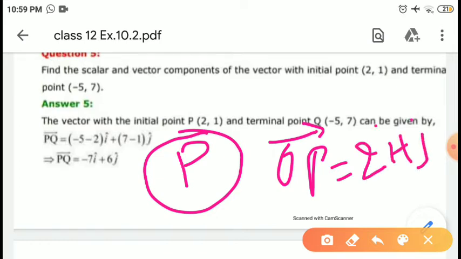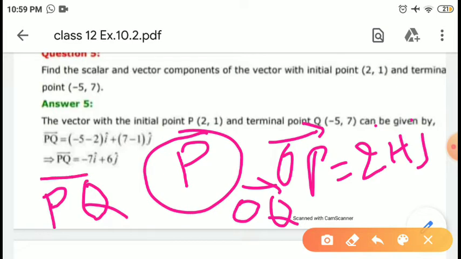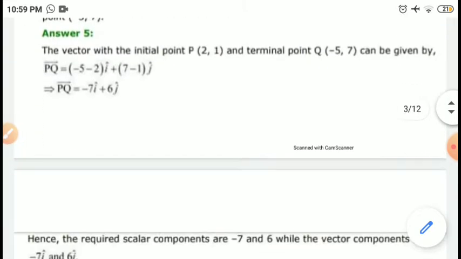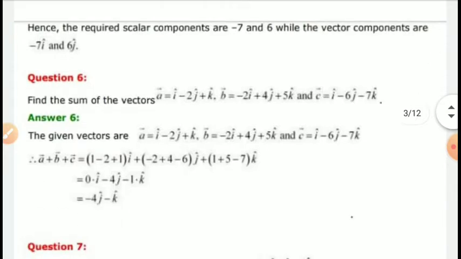The position vector of Q is OQ. Whenever you want to find the PQ vector, you need to do OQ minus OP. That means (5 minus 2) into i and (7 minus 1) into j. Most of the students will get confused with this. You need to take position vectors into consideration here, and with that you are going to get the required answer.